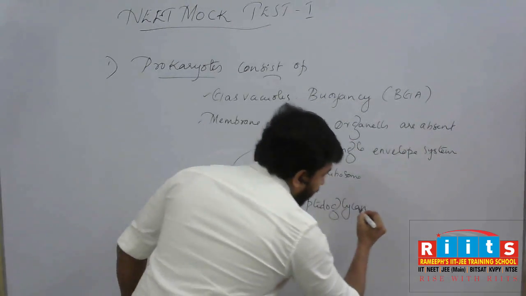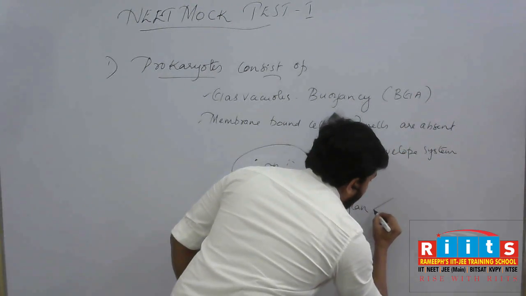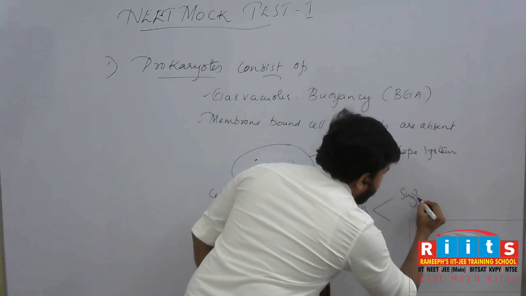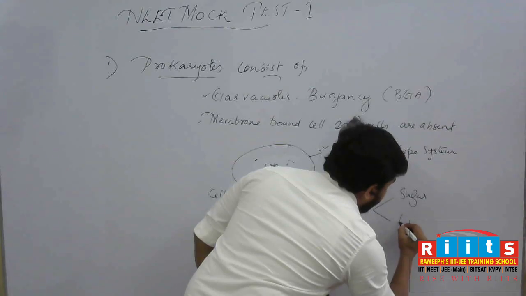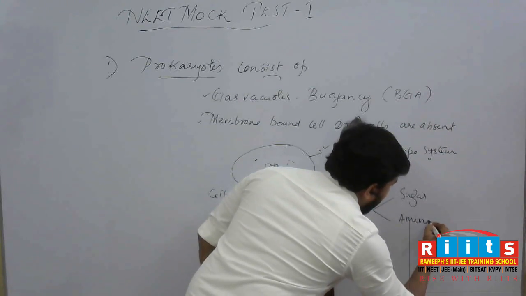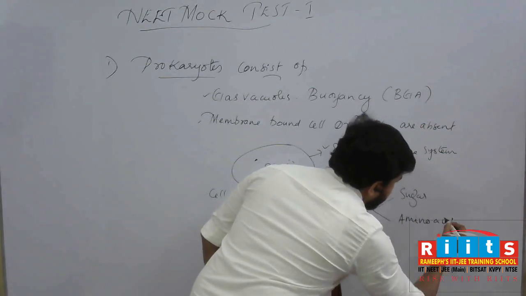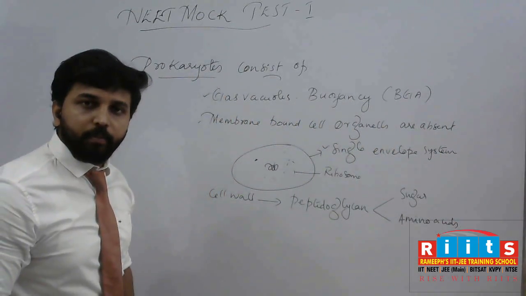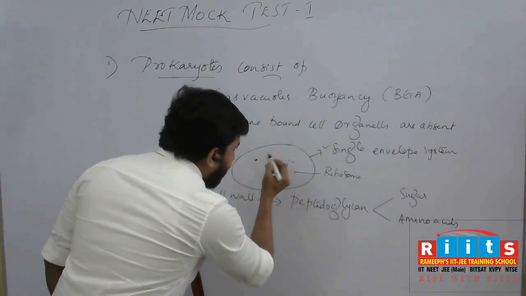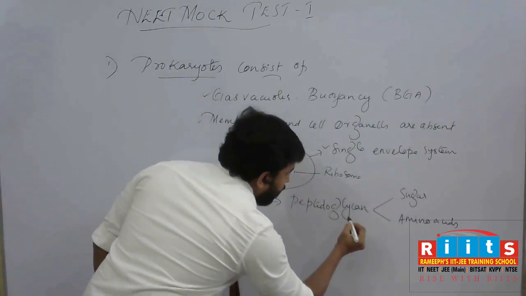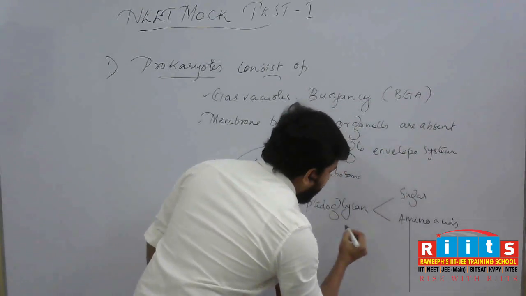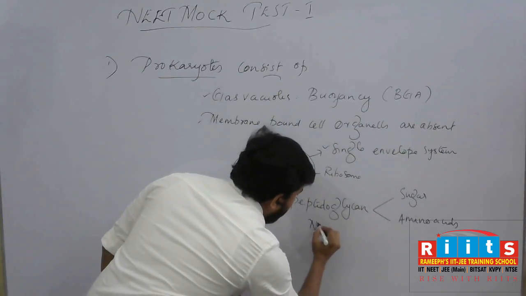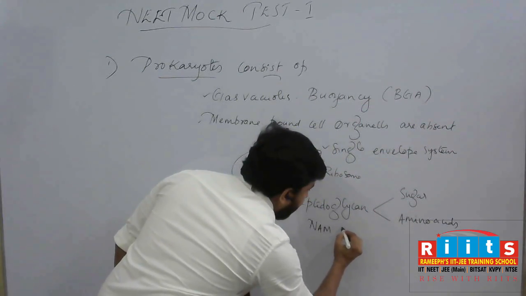Peptidoglycan is purely composed of sugar and amino acids, specifically NAM and NAG.